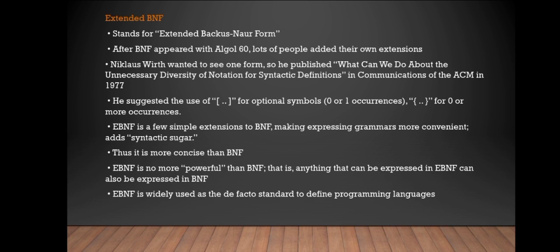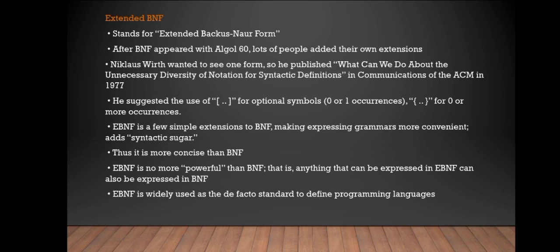He suggested the use of brackets for optional symbols, meaning 0 or 1 occurrences, and curly brackets for 0 or more occurrences. So EBNF is a few simple extensions to BNF, making expressing grammars more convenient and adding syntactic sugar.